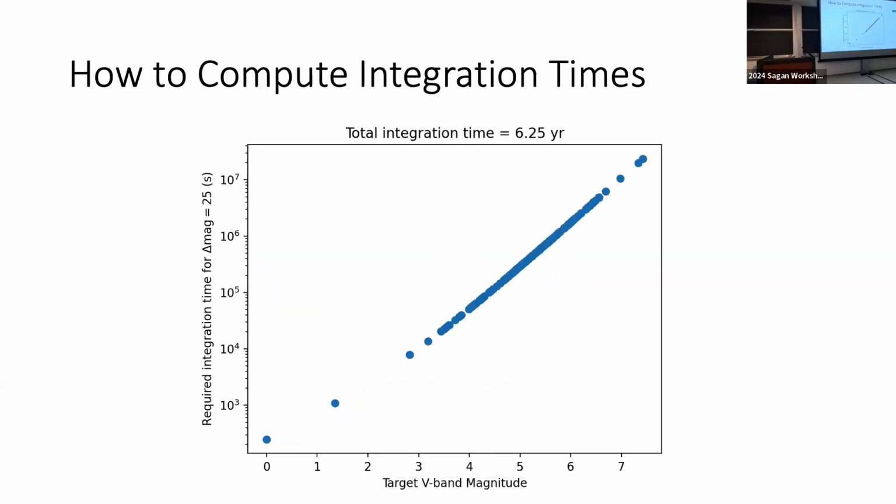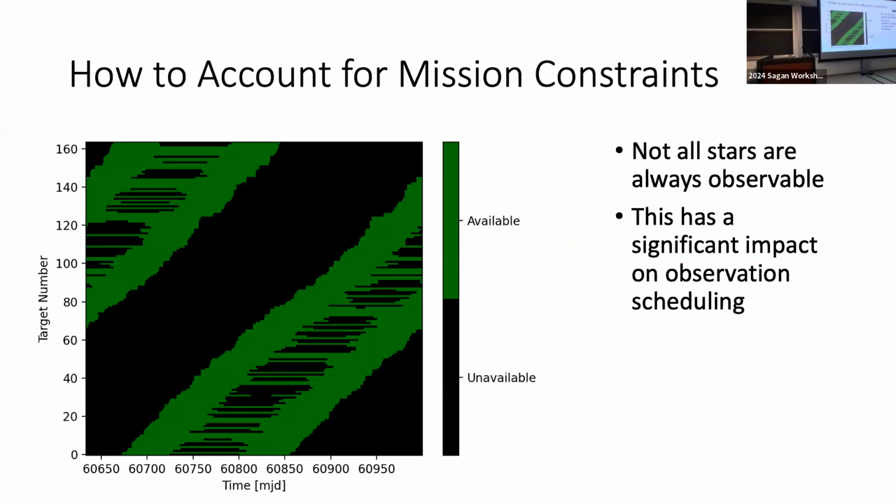How do we compute integration times? How do we do all the radiometry on that? And then we also have to account for mission constraints. Usually there's a solar avoidance. The telescope can't look too close to the sun or else it'll fry itself. But then we also have anti-sun constraints, such as where solar panels or thermal radiators might be placed.